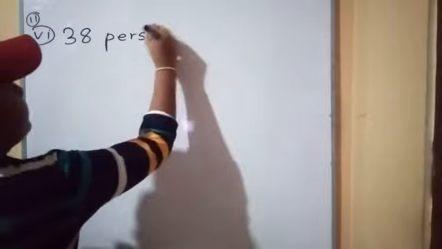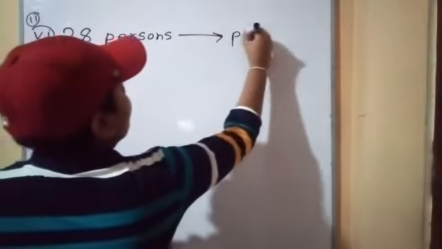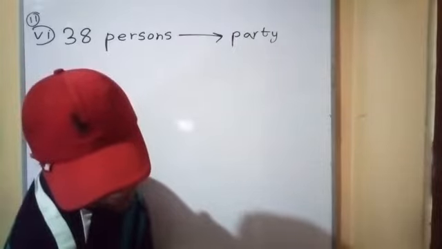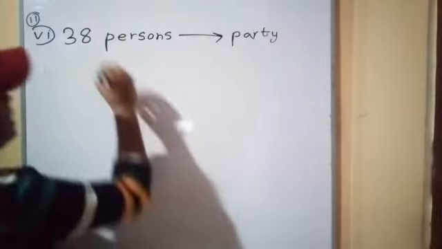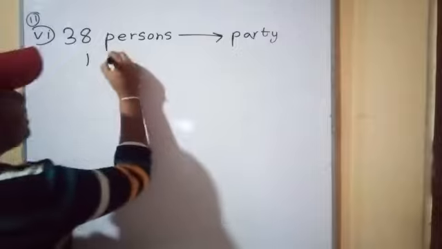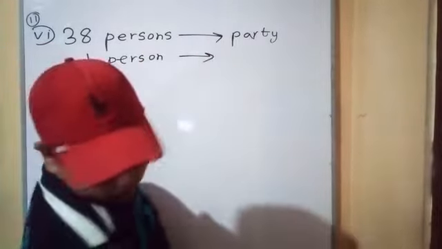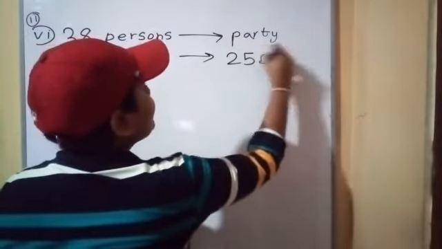The 38 persons that participate in the party. Now that means to one person they are given what? 250 milliliters.